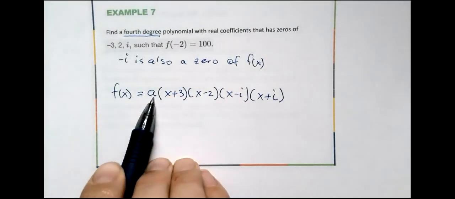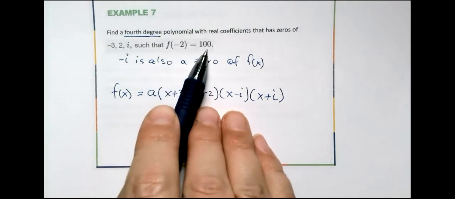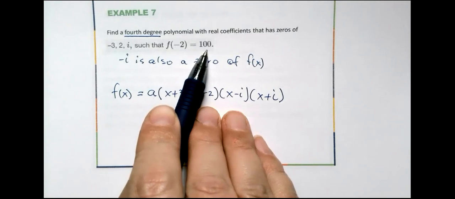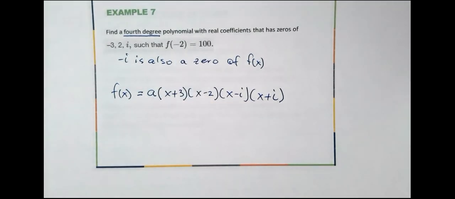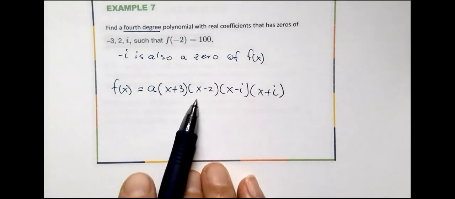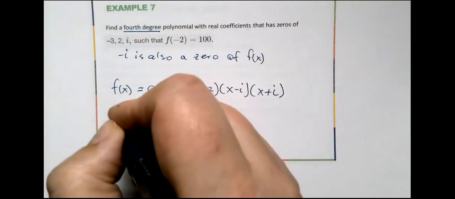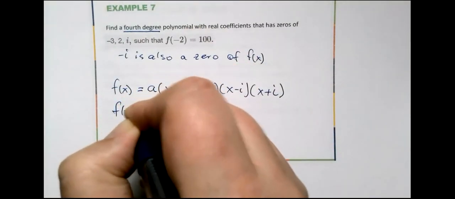Now I want to find that a. What's going to help me is the fact that they gave me 1 point from that polynomial. So I know that these numbers should fit this description. So this is what I'm going to do to find a. I'm going to evaluate f at -2.